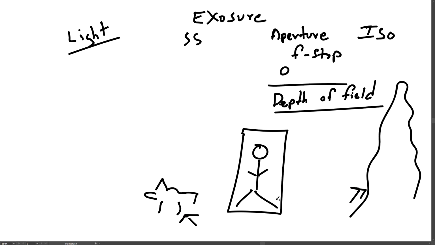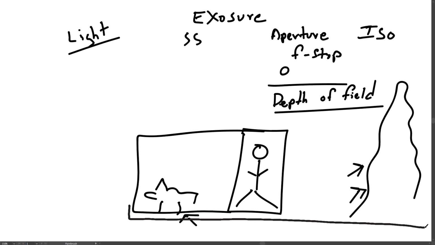Or you could have a wider depth of field in which the dog and the person are in focus, but the mountain is out of focus. Or you could have a very wide depth of field in which all of the subject matter in the scene is in focus. So you can either have shallow or very deep depth of field.